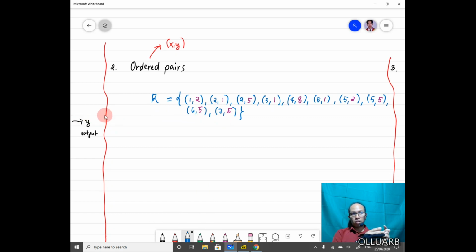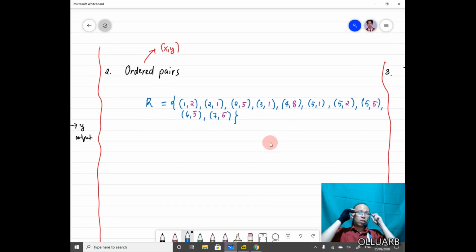relation using a diagram. If you transfer it to an ordered pair, this is what it looks like. So what happens in the concept of ordered pairs if you describe the relation using ordered pairs?